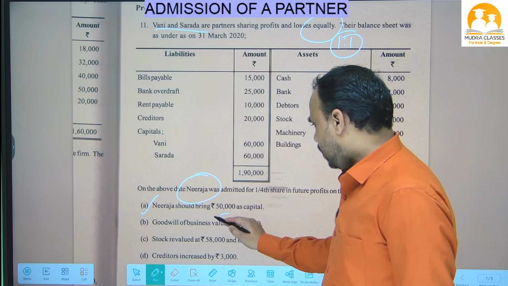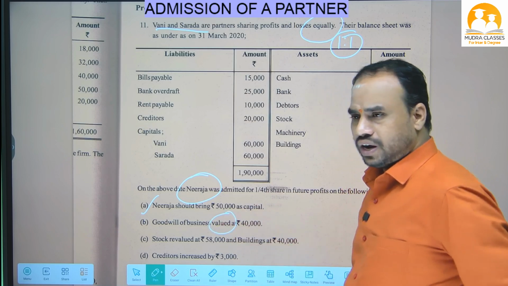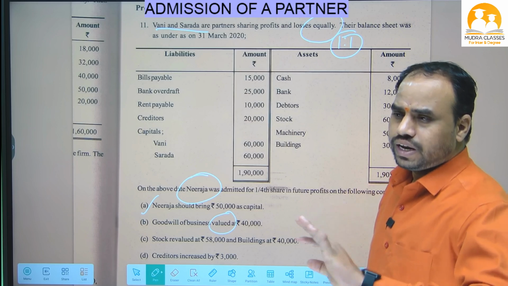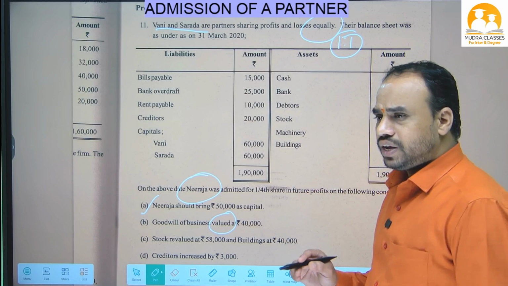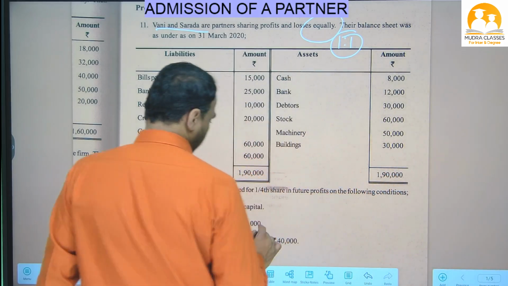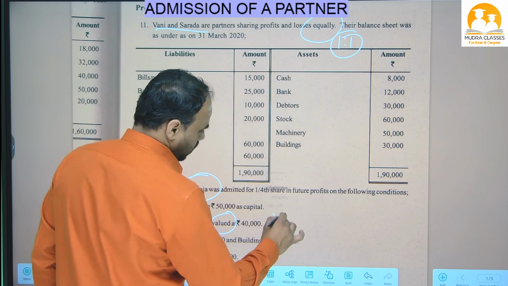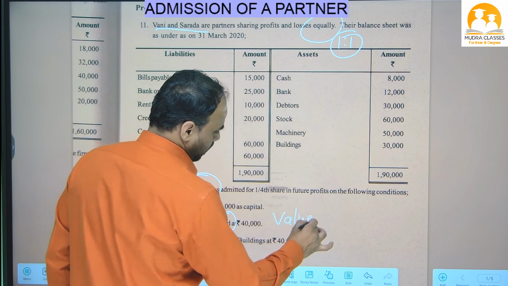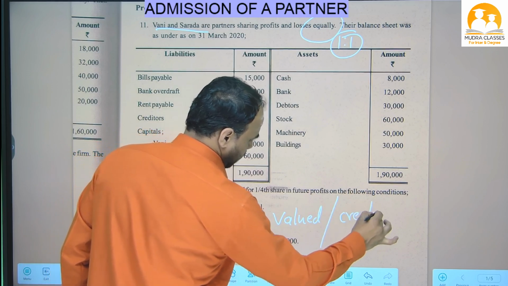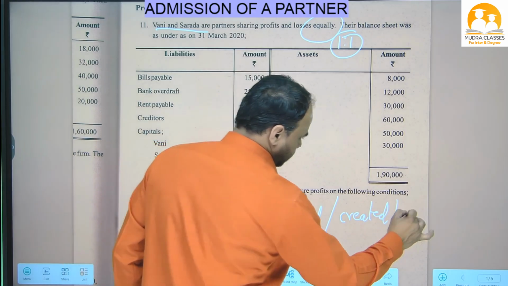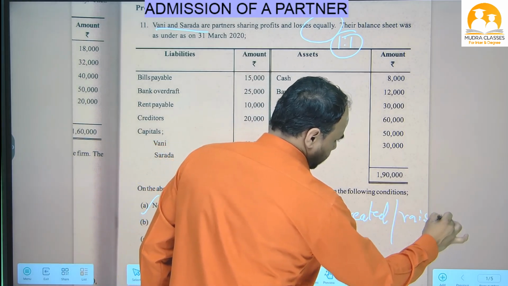Goodwill of the business is valued. This is very important. In treatment of goodwill, I have already clearly given you 5 cases. Whenever goodwill is valued, created or raised in the question, that is case 4.